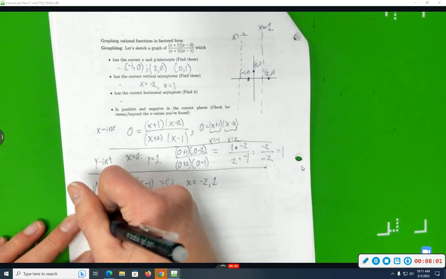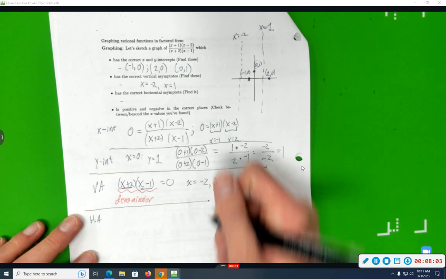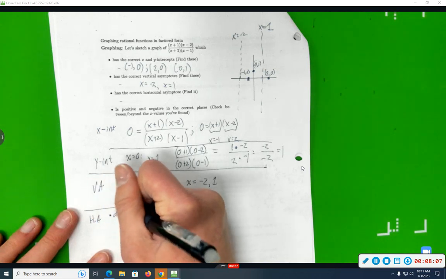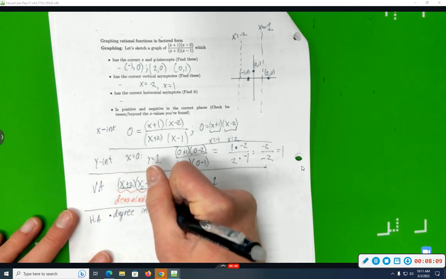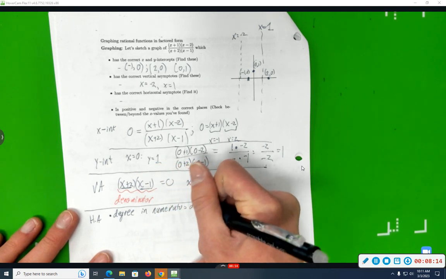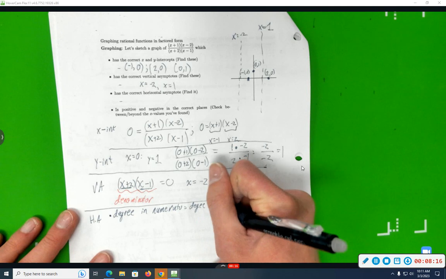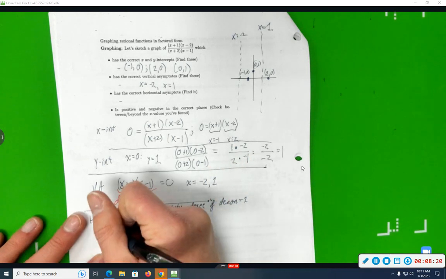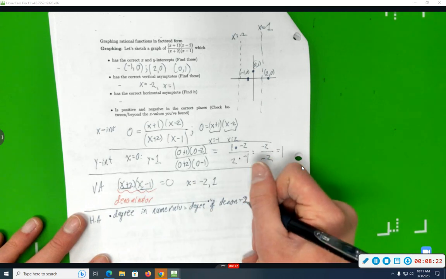So to find the horizontal asymptotes, here's one way to think about it. The degree of the numerator is equal to the degree of the denominator, which is 2.